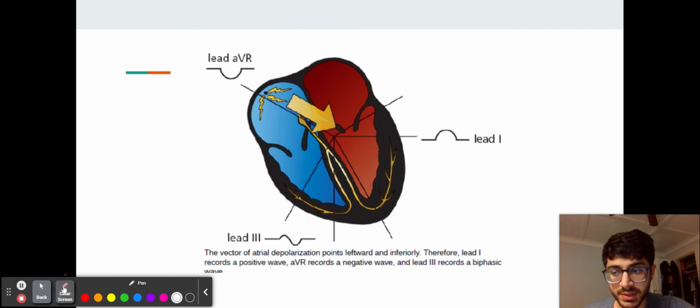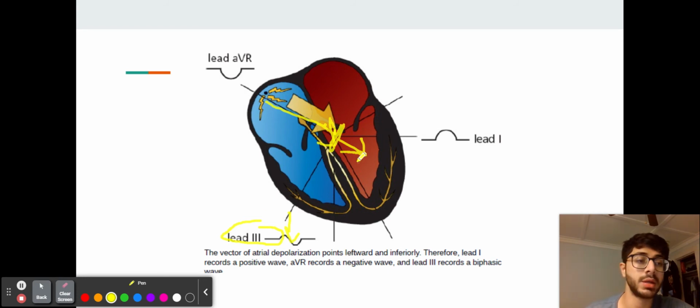So what's going to happen is, when the current is coming, the third lead is going to think, hey, it's coming towards me. So it's going to show a positive deflection, which is what we see here. As soon as it crosses after this line here, lead 3 is going to be like, hey, it's now going away from me, and there's going to be a negative deflection.